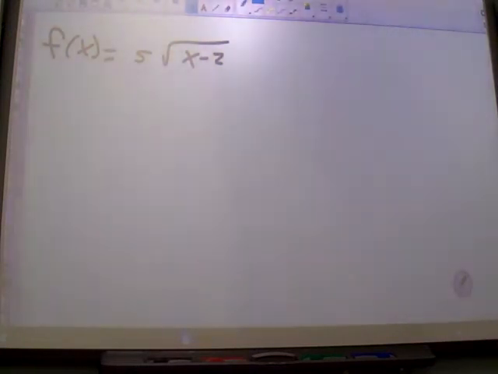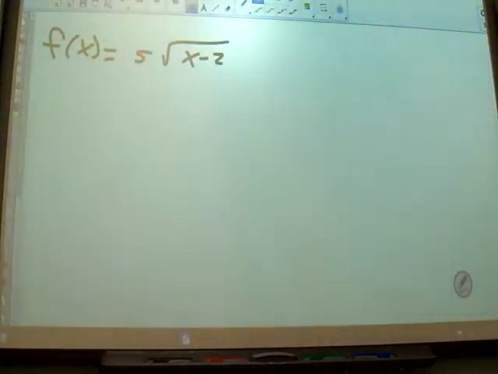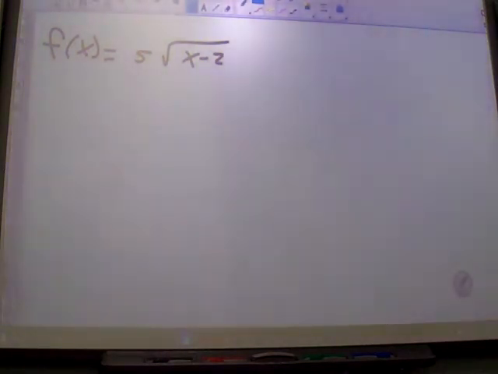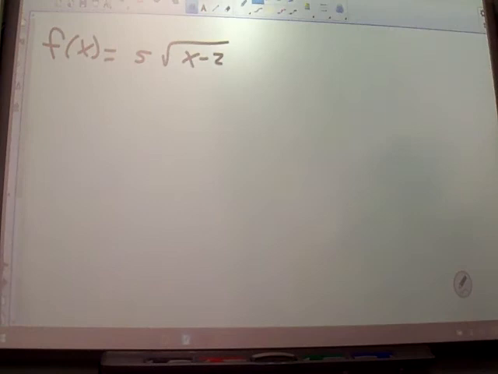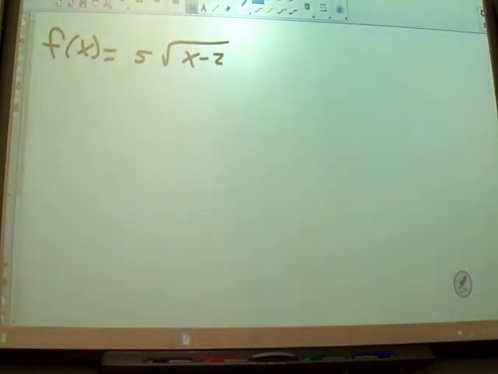So, would I start with the 5 or the 2? No, you would divide first. Divide this by 5? Yes. And that's because the 5 is not underneath the radical. So you divide by 5, but then you have to square it before you can do anything. Yes. Because that 2 is underneath the radical, this is a weird instance where you'll save it for last. So parentheses and square.